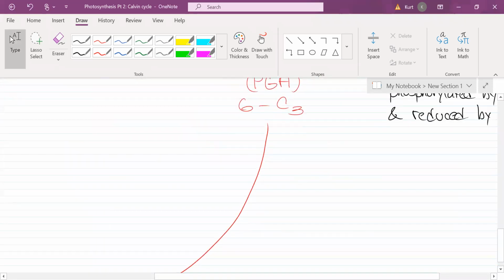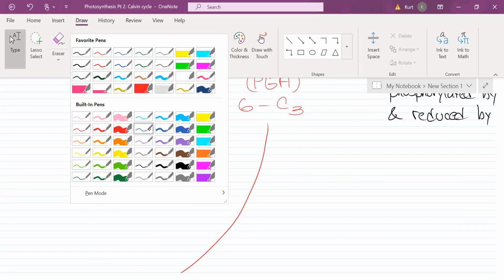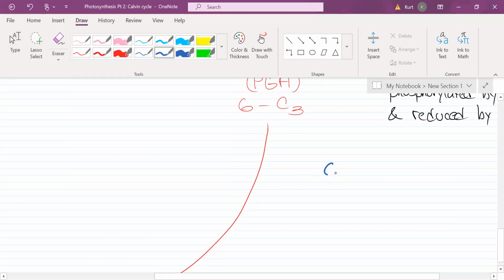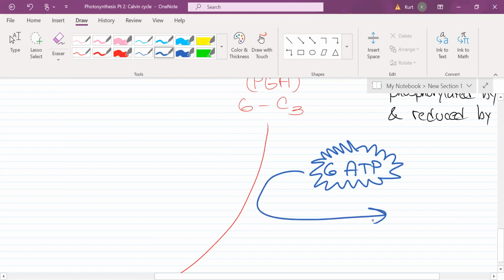So rather than draw 6 ATPs and 6 NADPHs, I'm just going to say 6. 6 ATPs are going to jump in here, and they're going to react with the PGAs. That's going to result in the ATP becoming 6 ADP plus 6 inorganic phosphates.